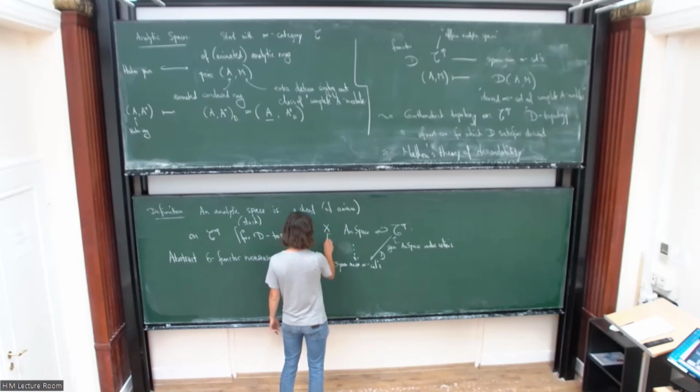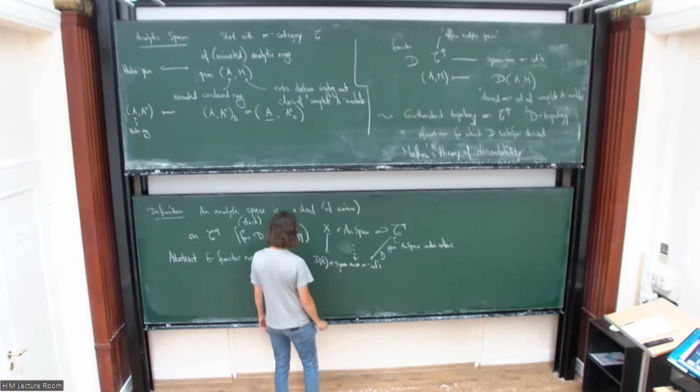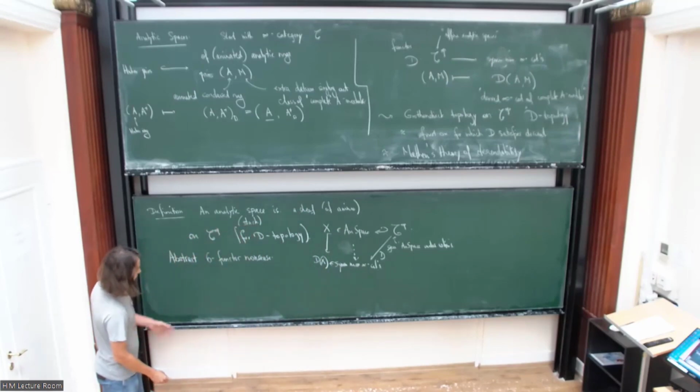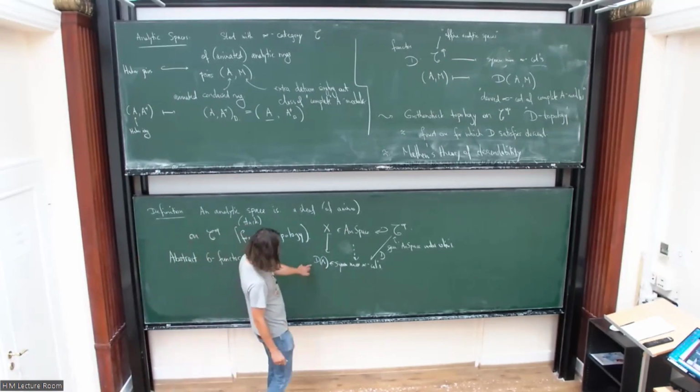So for any X, you can have some derived category of quasi-coherent sheaves on this. And you can pull quasi-coherent sheaves back and you can tensor them.